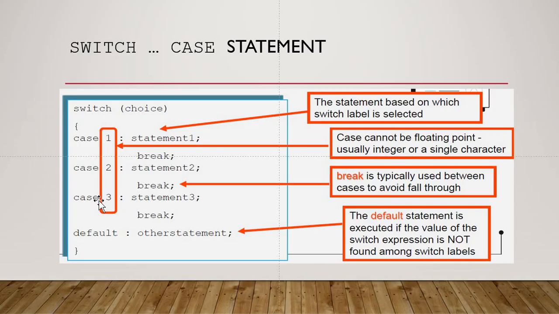So if none of these stated cases match the input choice, then it will go to default. Maksudnya kalau choice tu tidak ada yang menepati case 1, case 2 ataupun case 3, dia akan pergi kepada default.